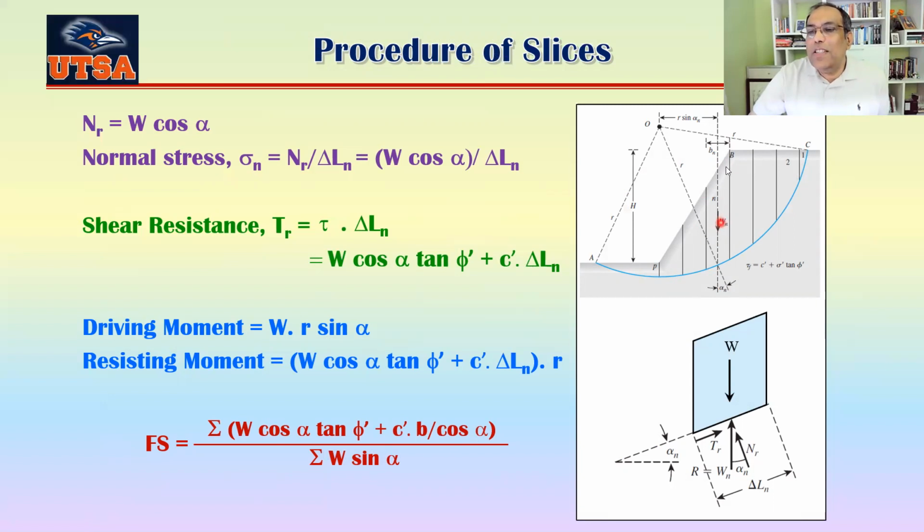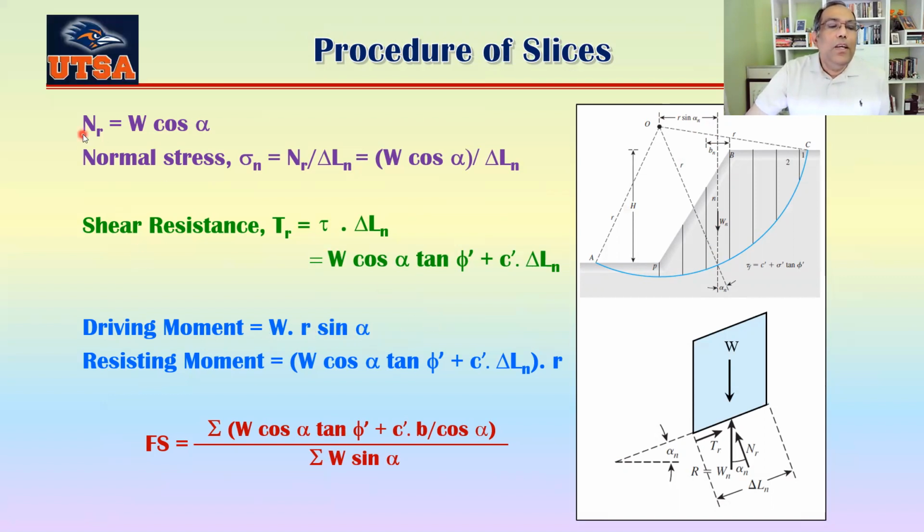If you know the perpendicular distance from O to that weight, which is basically R sine alpha n, where alpha n is this angle here, and this is R. So the distance is R sine alpha. So the driving moment is W multiplied by R sine alpha, okay?